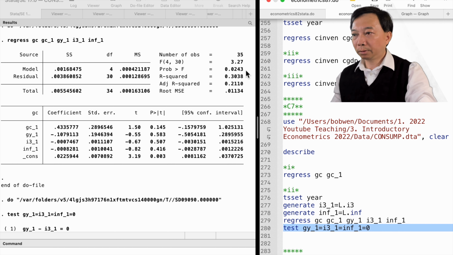We reject the null hypothesis that all explanatory variables are zero at the 5% level. In other words, the data do not strongly support the permanent income hypothesis because the information at time t-1 helps predict the consumption growth at time t.